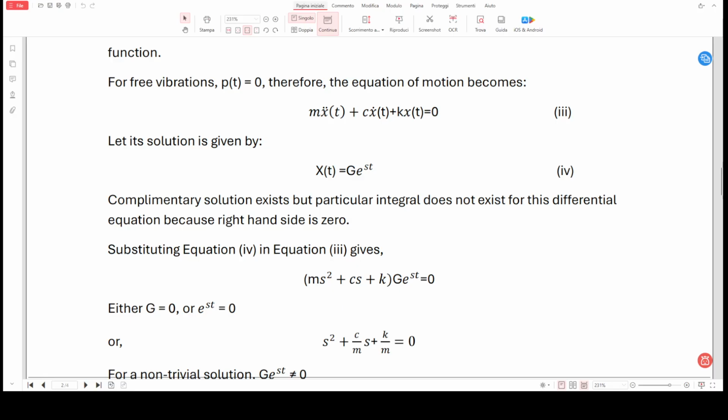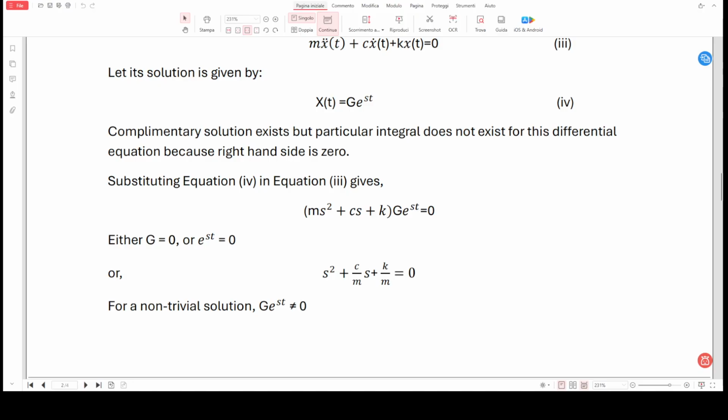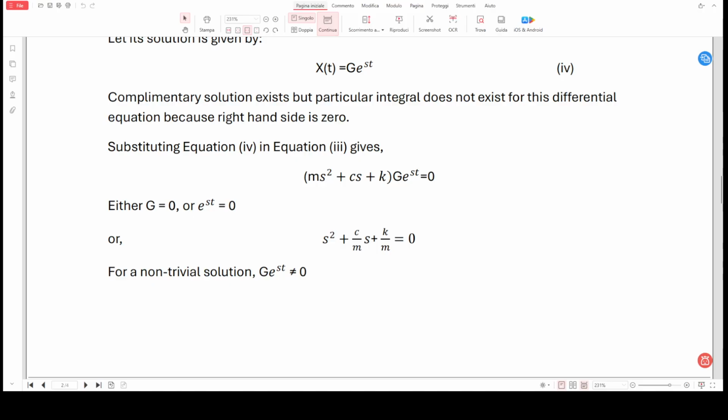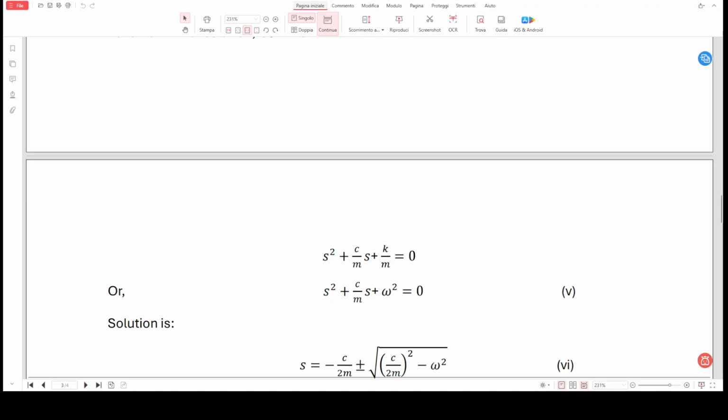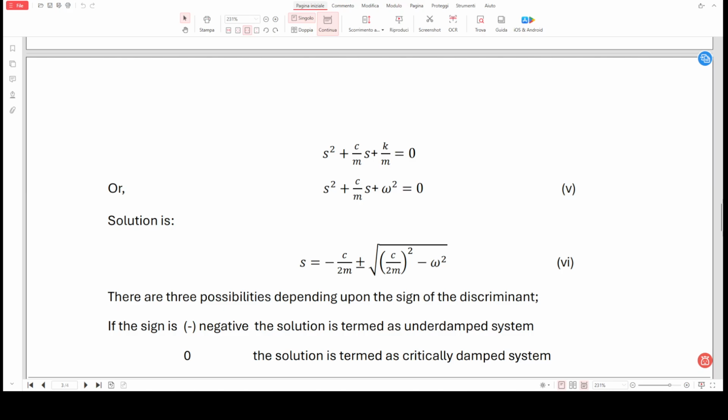The equation 3 we can rewrite in this way, and for G exponential different from 0, we can see the solution as s squared plus c divided by m times s plus k divided by m is equal to 0.